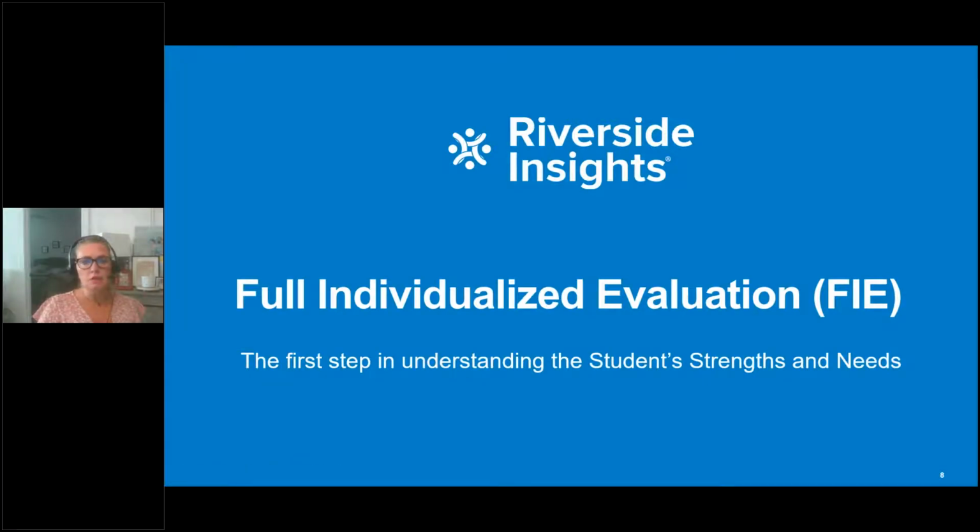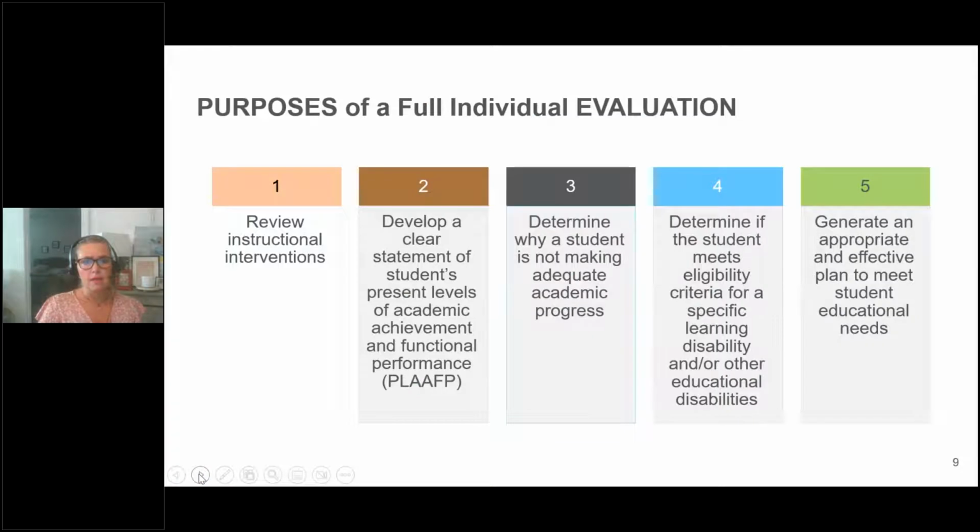Now, as we go through the assessment process, at the very end of our assessment process, we're writing up our full individualized evaluation. So that's really the first step in us bringing together all of the data, the multiple sources of data, the variety of assessment tools and strategies, bringing it all together into our comprehensive report so that we can describe and explain the student's functioning.